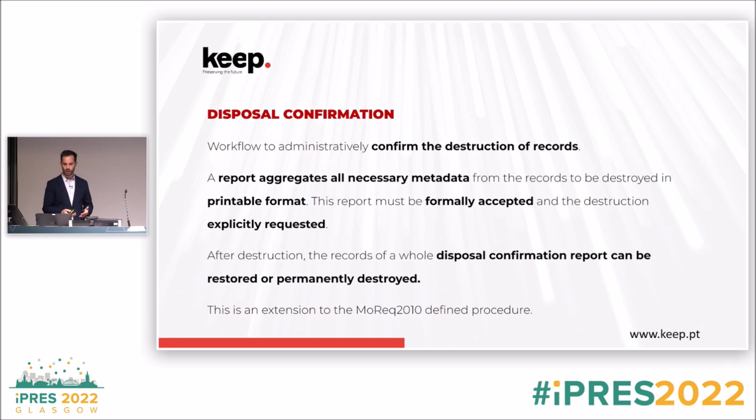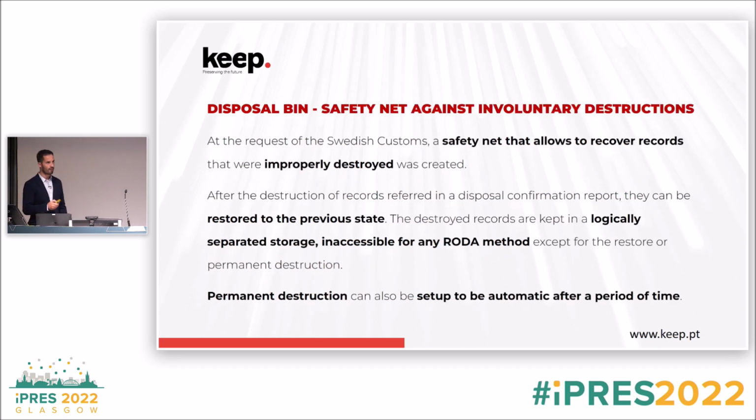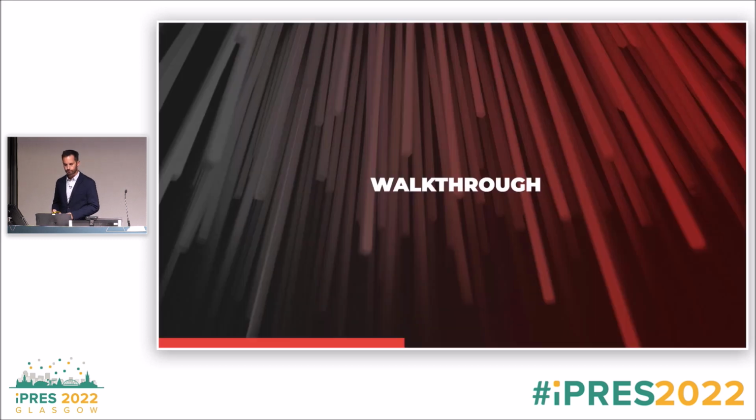After the destruction, we added here a feature for the Swedish Customs at their request, a kind of safety net to allow the recovery of records that were improperly destroyed. After destruction, they are kept in a logically separated storage, inaccessible to any RODA method, except for the restore or permanent destruction. The permanent destruction can then be set up to be automatic after a period of time.